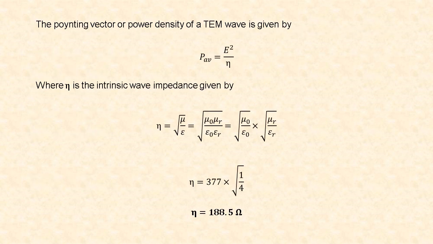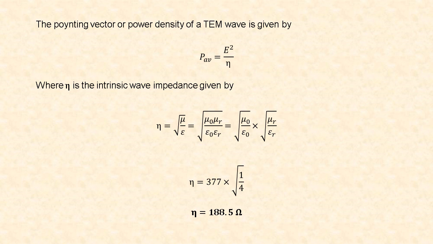The Poynting vector or power density of a transverse electromagnetic wave is given by P average is equal to E square by eta. Here E is the RMS value, where eta is the intrinsic wave impedance, and it is given by eta is equal to square root of mu by epsilon, which is equal to square root of mu naught into mu r divided by epsilon naught into epsilon r, which is nothing but square root of mu naught by epsilon naught into square root of mu r by epsilon r, which is nothing but 377 into square root of 1 by 4.